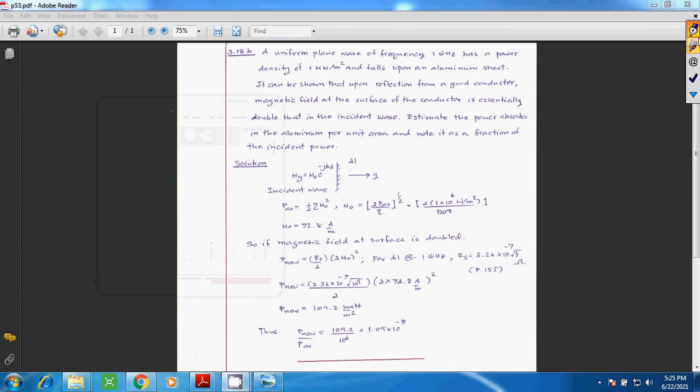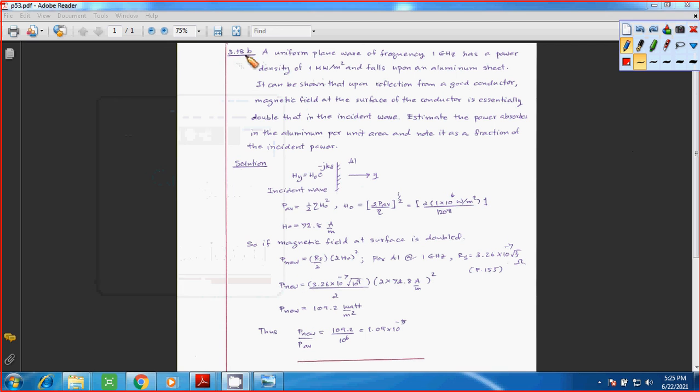Okay, for the last problem, 3.18b, a uniform plane wave of frequency 1 gigahertz has a power density of 1 megawatt per meter squared and falls upon an aluminum sheet. It can be shown that upon reflection from a good conductor, the magnetic field at the surface of the conductor is essentially double that in the incident wave.